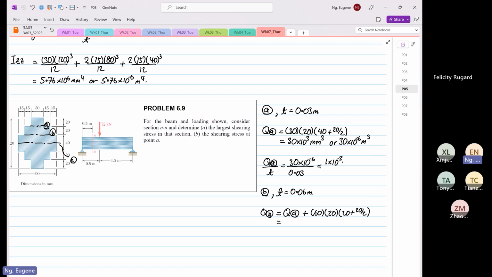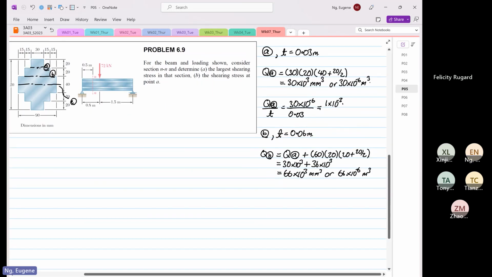So this will be equal to 30 times 10 to the power 3 plus 20 plus 20 divided by 2, times 20, times 60, which is 36 times 10 to the power 3. So this is equal to 66 times 10 to the power 3 millimeter cube, or 66 times 10 to the power minus 6 meter cube.